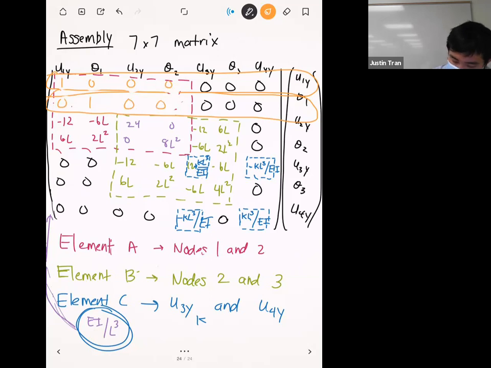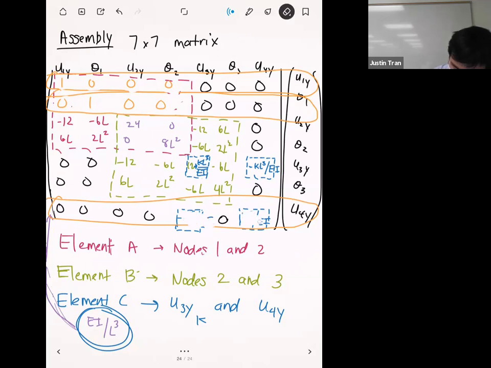The other boundary condition that we have is a fixed constraint on node 4. And so updating this for the fixed constraint on node 4, we have that thing right there.